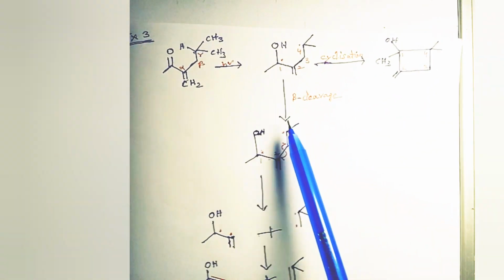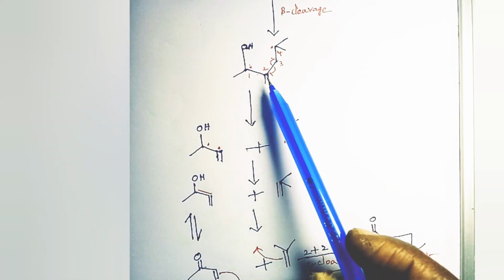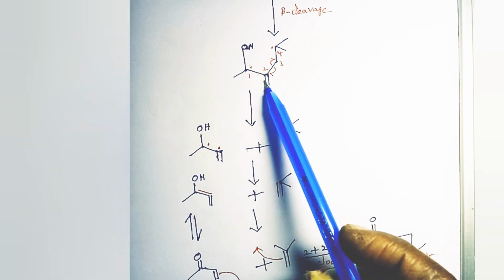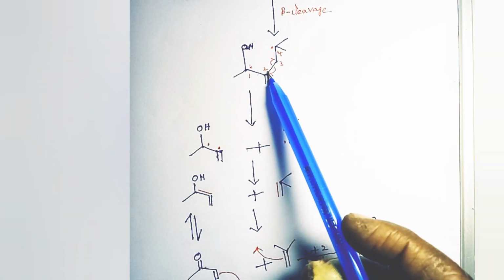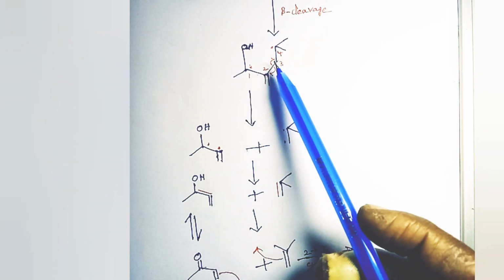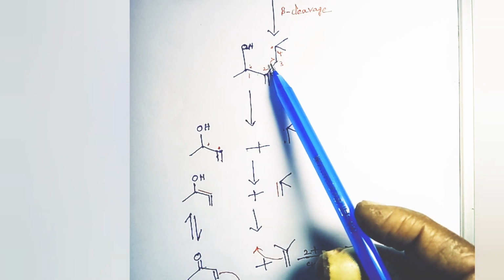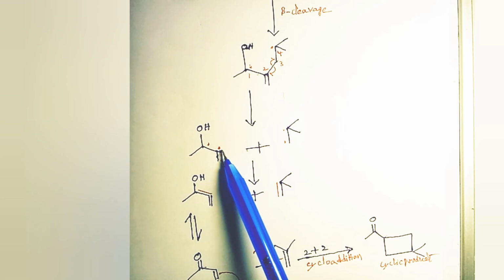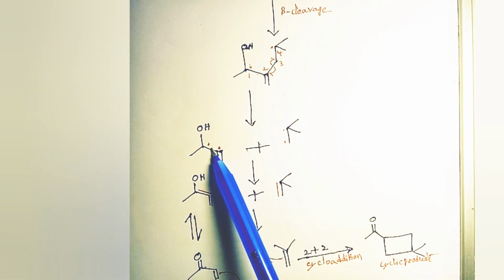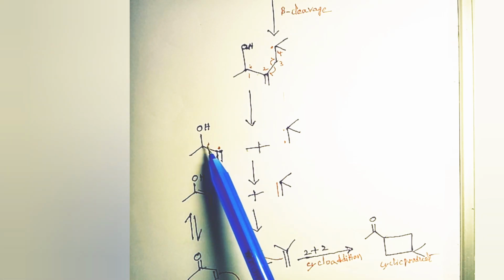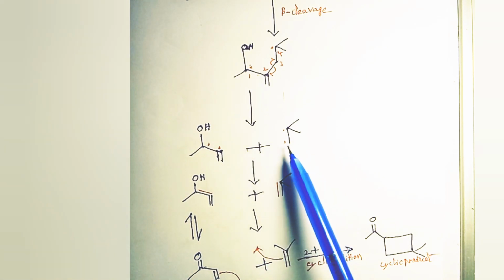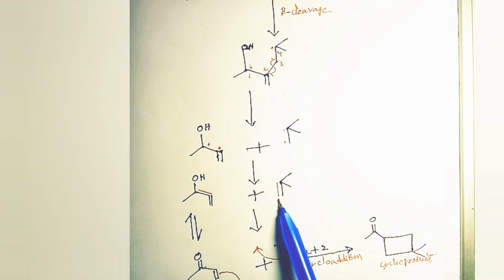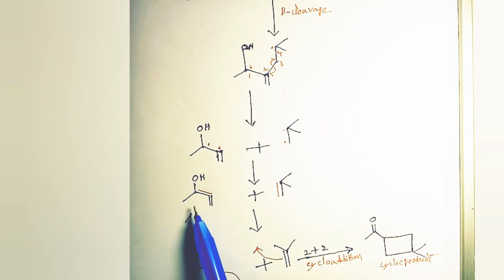Now let's see beta cleavage. The bond between the alpha carbon and beta carbon is the beta bond. It cleaves to form two radicals, one on the alpha carbon and one on the beta carbon. The radical on the beta carbon and the gamma carbon will join together to form an alkene.